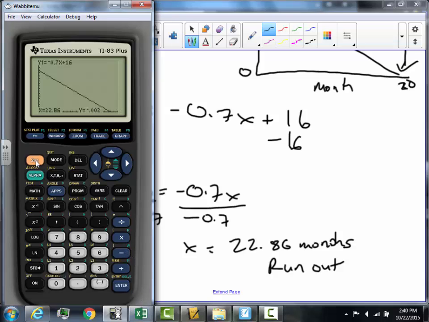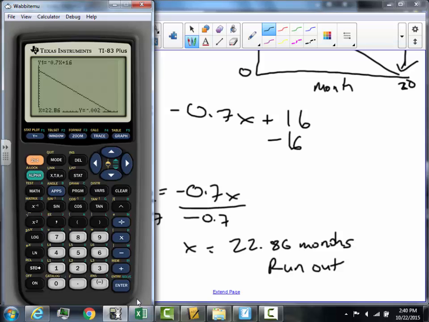Okay. Second, calculate. It's going to take you to a list of things that your calculator can do for you. It's the very first one, value. And basically the calculator is asking you, what x would you like to know about? So I said, I'd like to confirm that 22.86 is when the graph is at 0. I got error. Yeah, mine's just error.